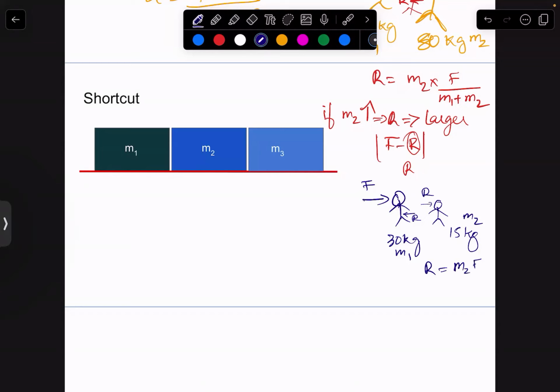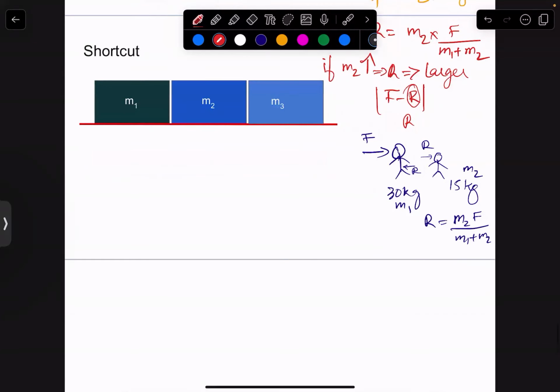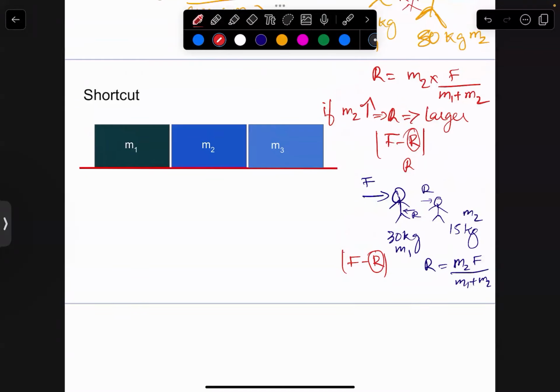Okay, so what will happen here is, this first child, the 30 kg child, will experience F minus R here. That will be larger than the first case, because R is smaller. So F minus R is going to be large in the second case.